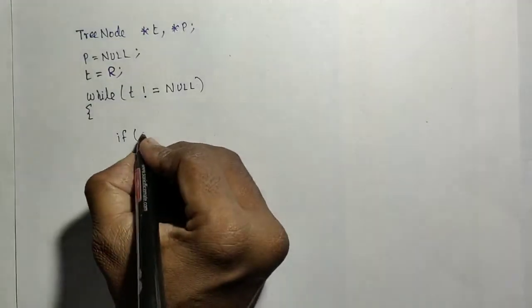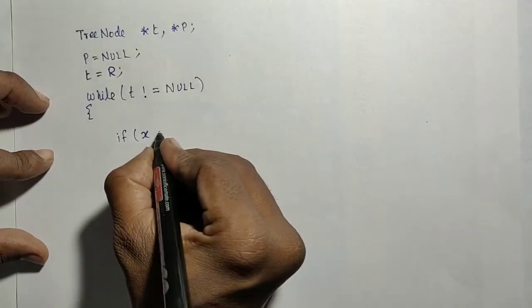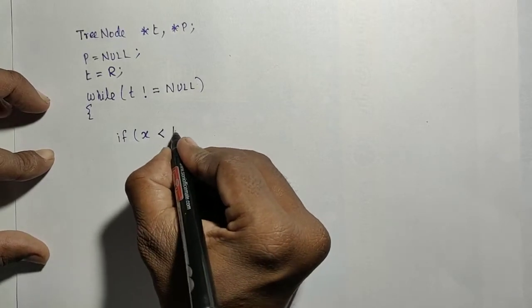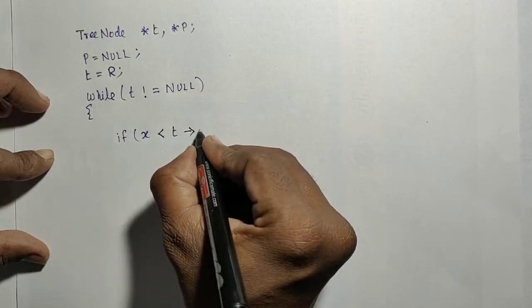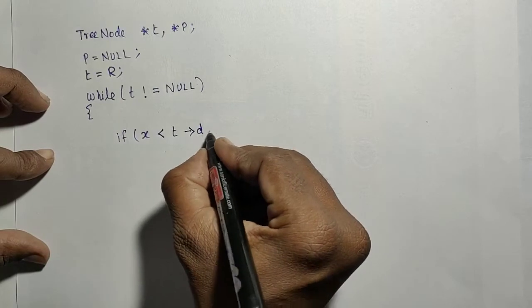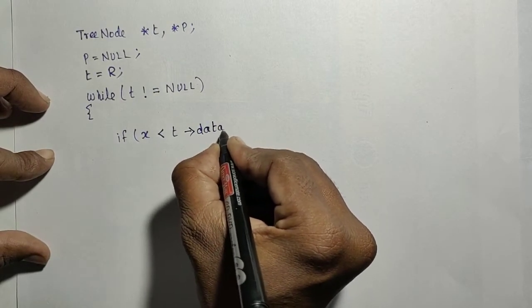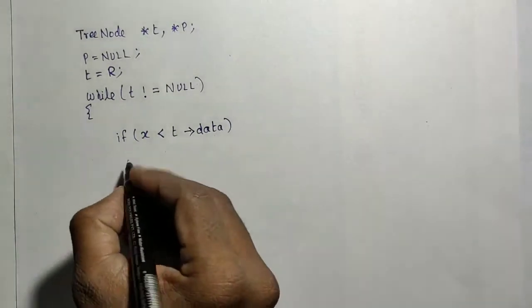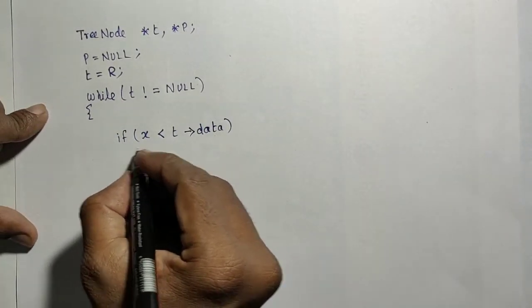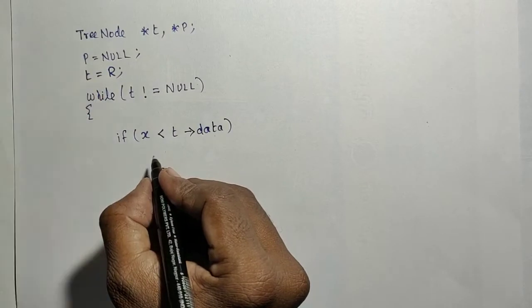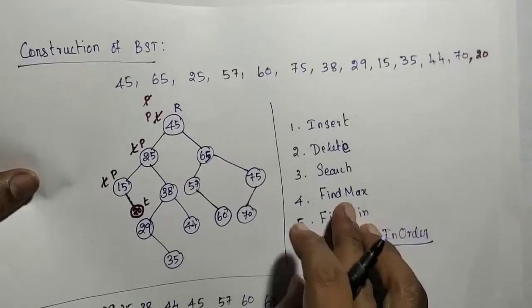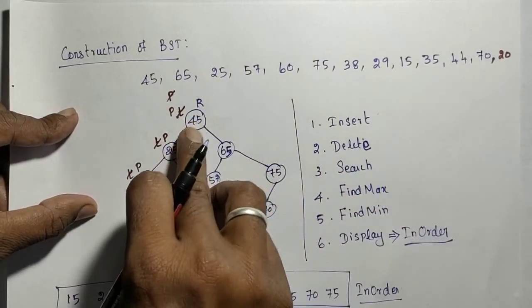So if x, the new data, is less than t of data, I need to move t to the left side, correct? T to the left side.